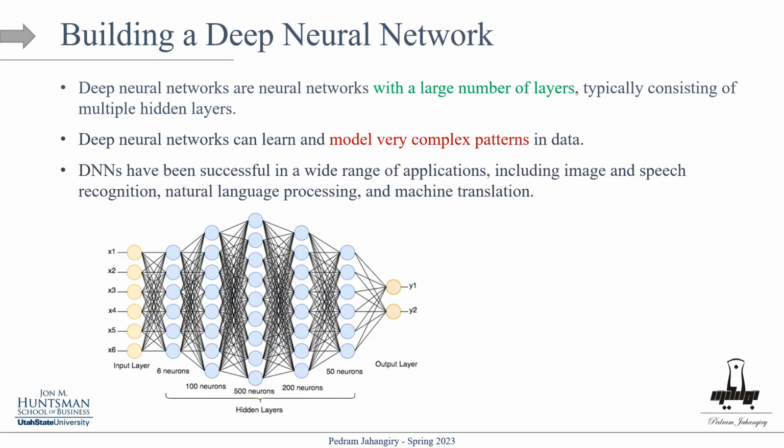Okay, now let's talk about building a deep neural network, right? So far, what we have seen was a simple single neuron network. For example, in the housing problem, we saw that we can have, let's say, 3 inputs: square feet, number of bedrooms, and, I don't know, location. And then we feed them to a single neuron. These are the inputs, and then we apply an activation function.